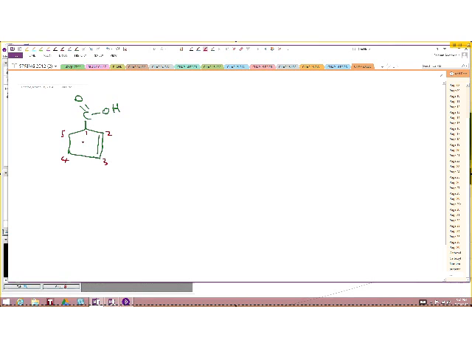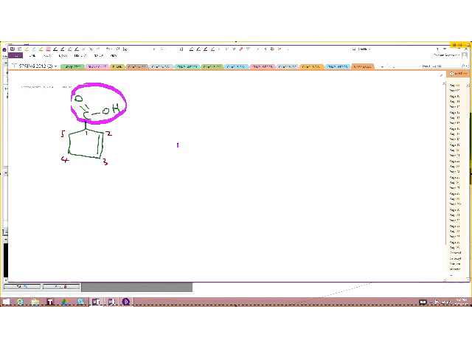Which one is it? This is the carboxyl group. No, I said no. Because you have a double bond here, whether you have a double bond or not, the carbon that is attached to the carboxyl group will be assigned position number 1, regardless of whatever you have in the ring system.